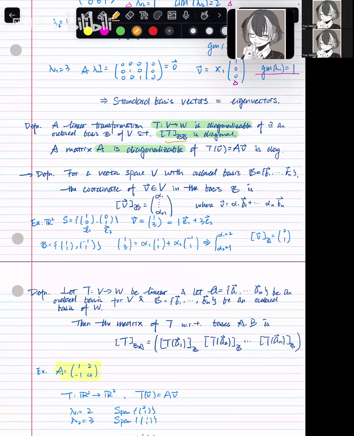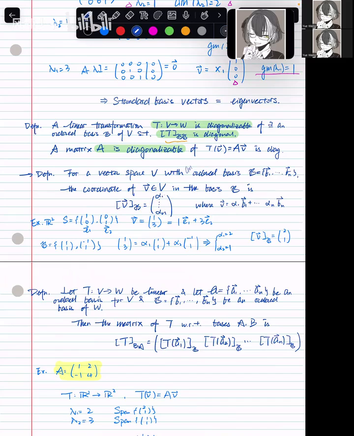So for a vector space V with an ordered basis B, B1 through Bn, the coordinate of V, what we said before, is the coefficients on B1 through Bn.